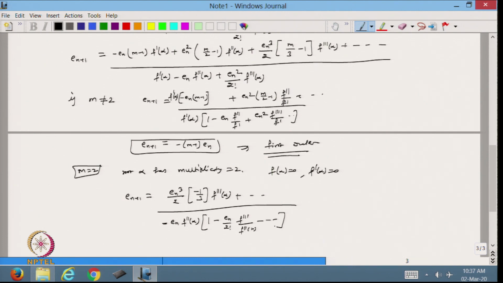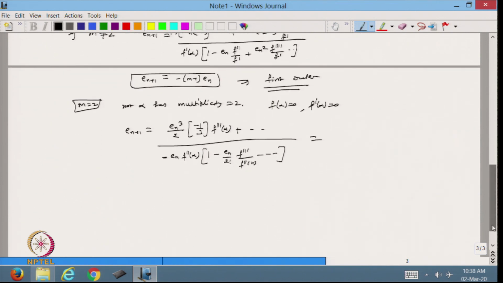So, from here now I can take this as the numerator and apply my binomial expansion. So, if I take this one, then I can cancel out this term, and the minus sign will go. So, from here I will get 1 by f double dash alpha and then 1 by 6, because of this minus and this minus sign, E n square.